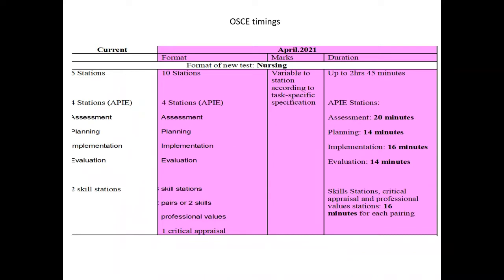With the APIE, it's the same patient all throughout, but bear in mind that scenarios can change in between. By that I mean, say for example, in assessment you meet a patient who's coming in for abdominal pain and is for surgery the next day. That's your scenario.